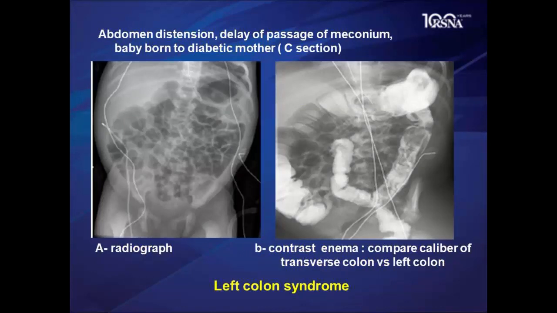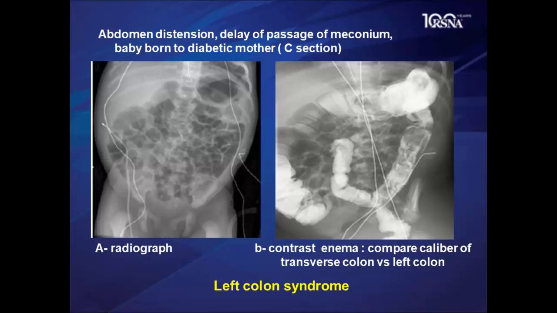On this one, baby born to diabetic mother, important, C-section, so he's suffering, he's in metabolic distress. A radiograph, well, we say it's a normal one, but the patient did not have meconium passage, so there's a functional physiologic problem there. Yet we have to do studies to exclude organic pathology, so we do the enema.